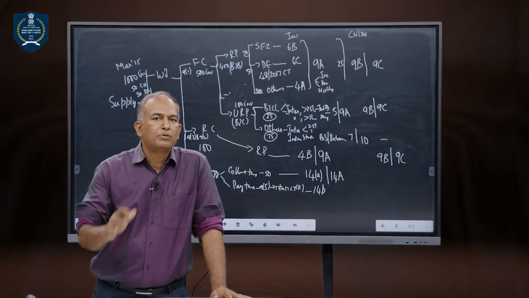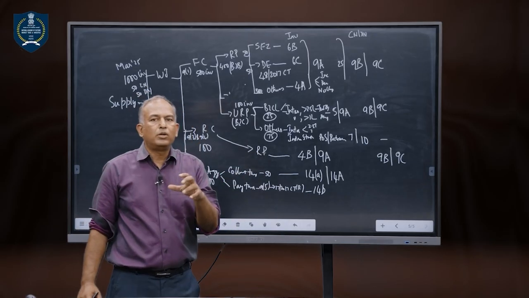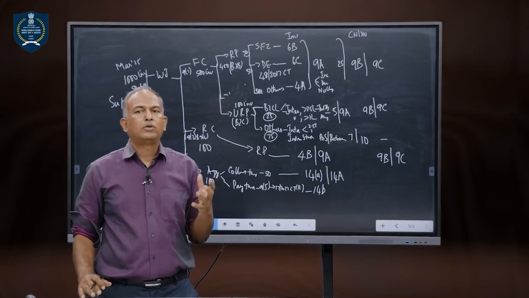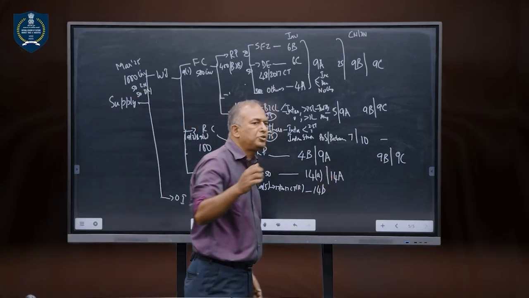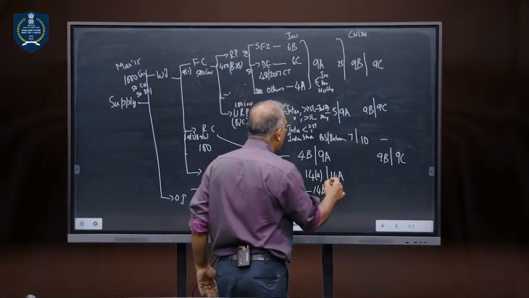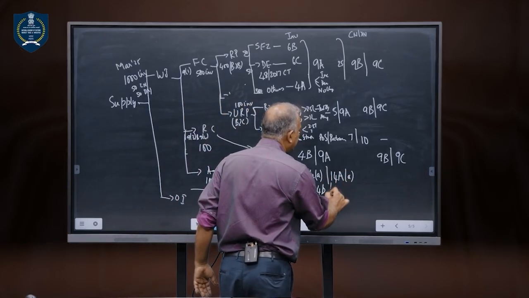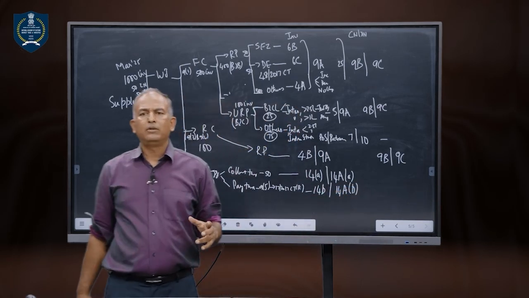From August 2024 onwards, it will be R1A if the 3B is not filed. If the 3B is filed, in the respective table of 14A of the GSTR 1 of the subsequent tax period, he will make the correction. I think it will be called 14AA or something like that. This will be 14AB.